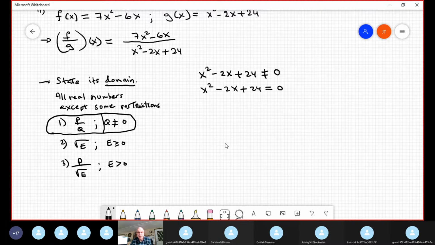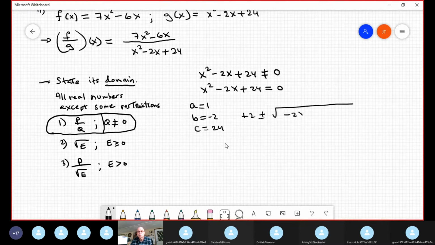Let's do it by the quadratic formula, which is the most efficient way. So a is 1, b is -2, and c is 24. Then minus b is positive 2, plus or minus the square root of (-2) squared minus 4 times 1 times 24, divided by 2 times 1.